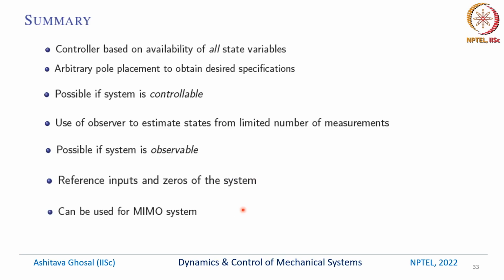Another very big advantage of state space design is that it can be used for MIMO systems. Although it has not been discussed in this course or in this lecture, we can easily find in many textbooks where the state space design is being used for multi-input, multi-output systems.